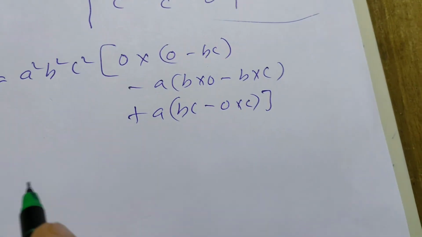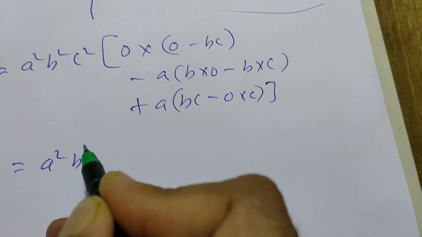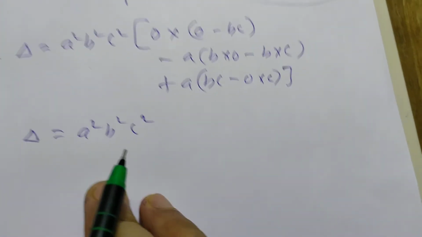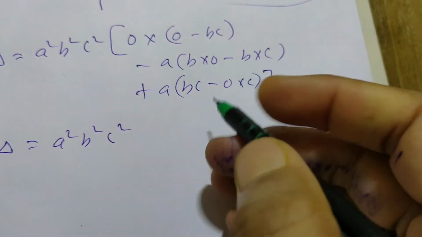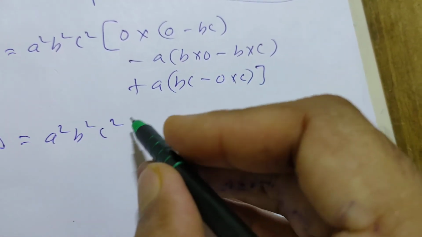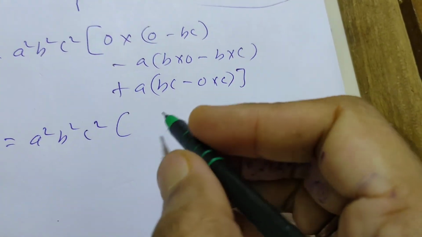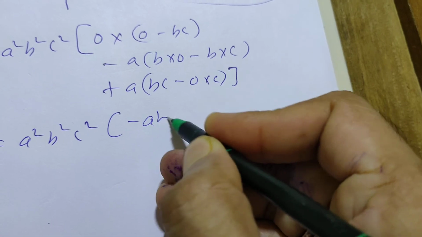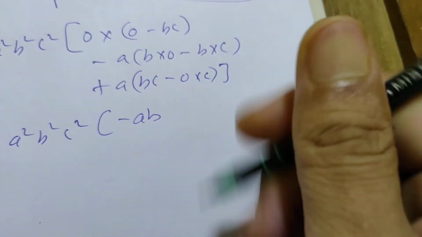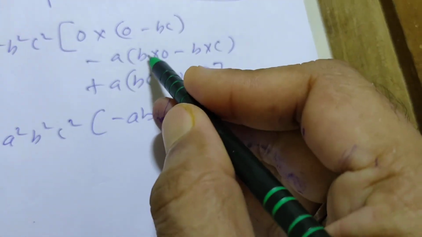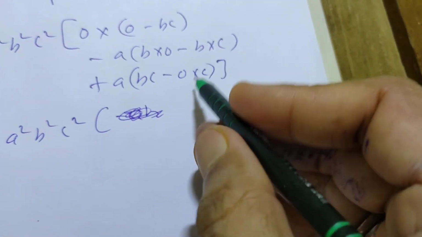So equal to, now let us solve this one. Delta equal to a square, b square, c square, and this will become, this is already 0, and here what we are going to get, so here minus ab, so this is 0, so this will become minus a into minus, that is plus abc.